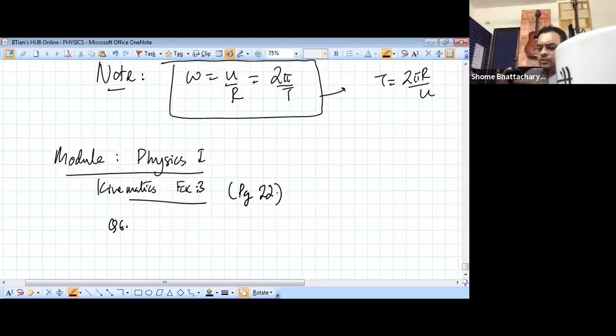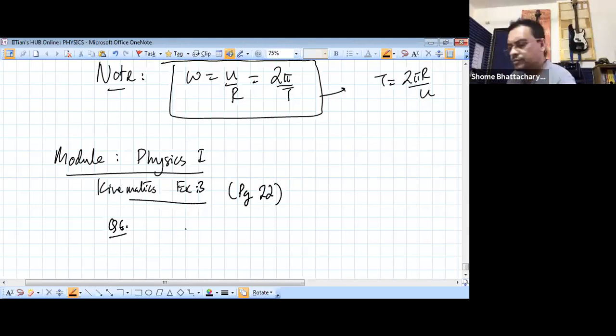Now, this one you notice is a very similar question to that relative acceleration thing that we discussed the day we were doing relative motion in one dimension. It's exactly like that. So just go through the question, all of you. I'll explain it. It says the stone is released from an elevator going up with a uniform acceleration of a. The acceleration of the stone after it is released is how much?